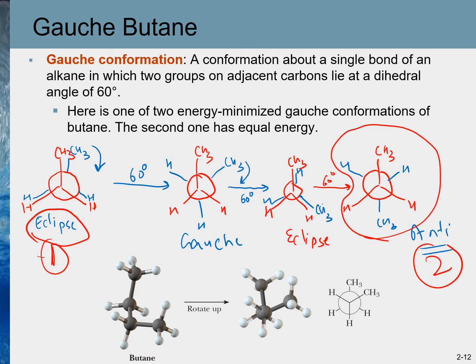So butane molecules would prefer to stay in anti-conformation as compared to the eclipse conformation. It has been calculated that at 20 degrees Celsius, about 70% of butane molecules stay in anti-conformation, and only 30% are either in eclipse or Gauche conformation.